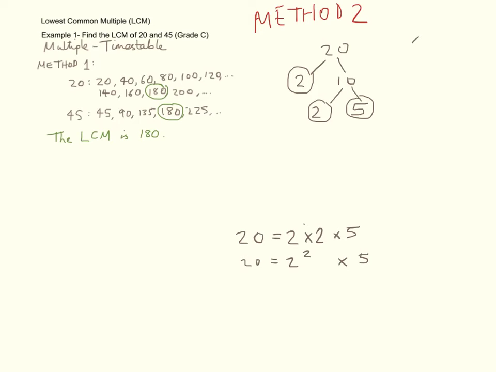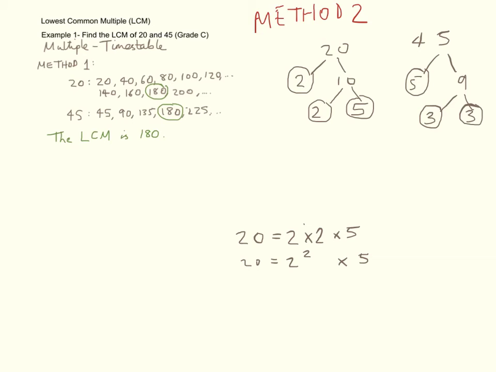Let's take 45 now. What numbers multiplied give you 45? It's 5 times 9. Are any of those prime numbers? 5 is. Is 9 a prime number? No, it's not. What numbers multiplied give you 9? 3 times 3. Are they prime numbers? Yes, they are.